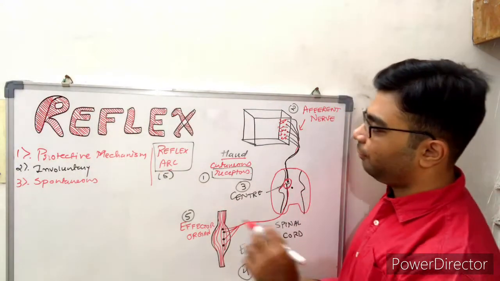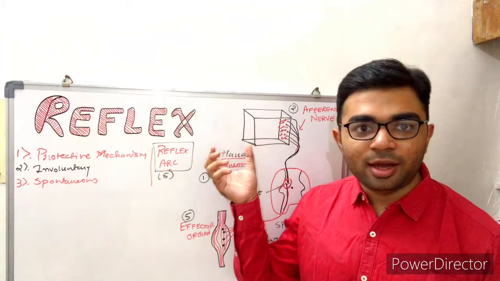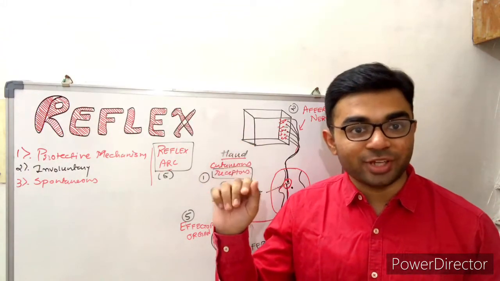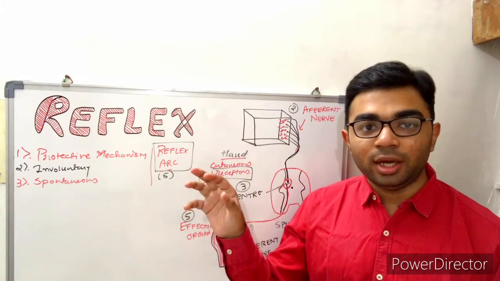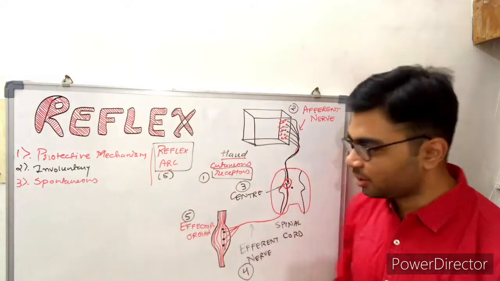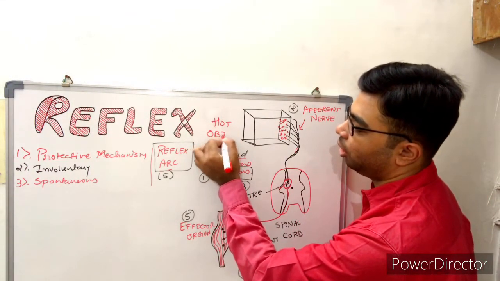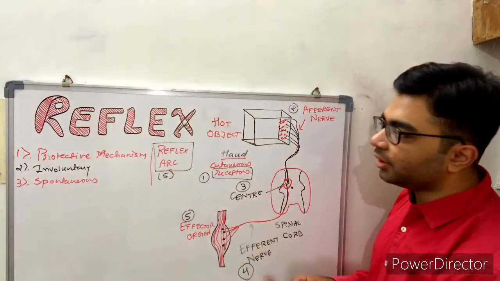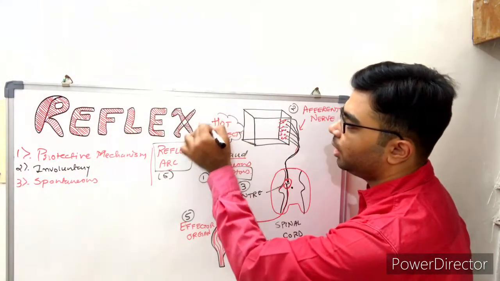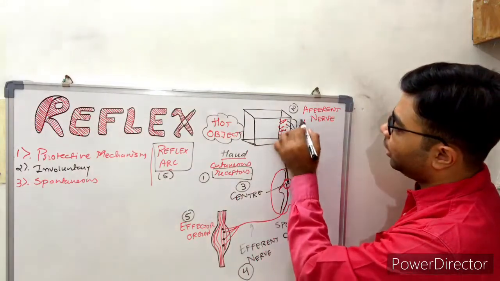If this area of the hand, the palmar aspect, comes in contact with any hot object, that sensation will be carried by the afferent nerve.